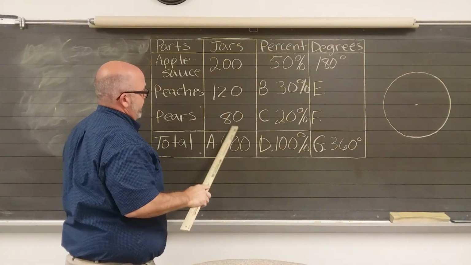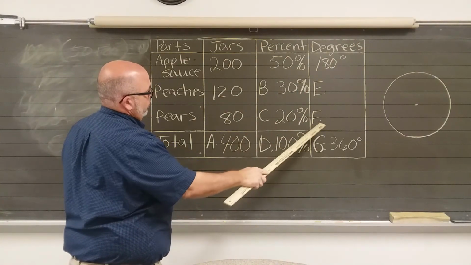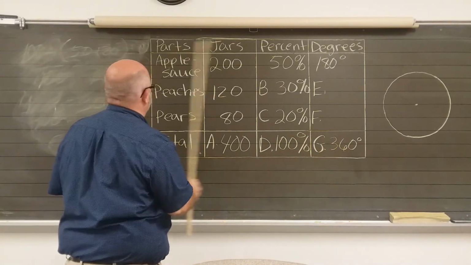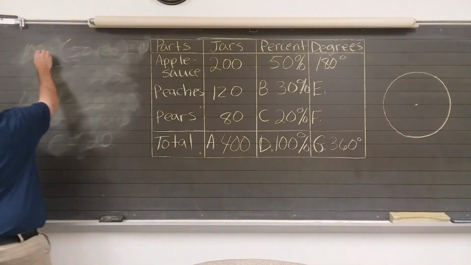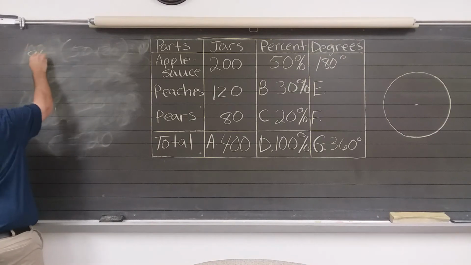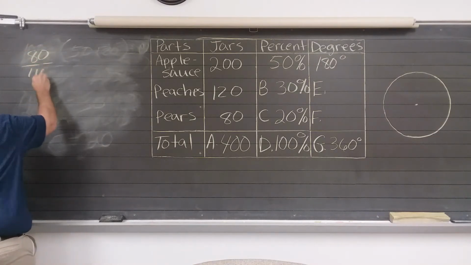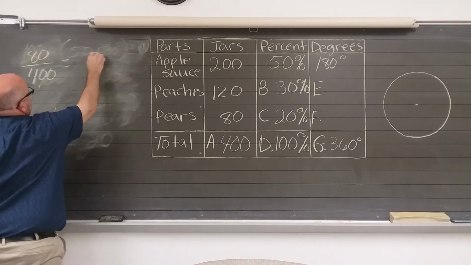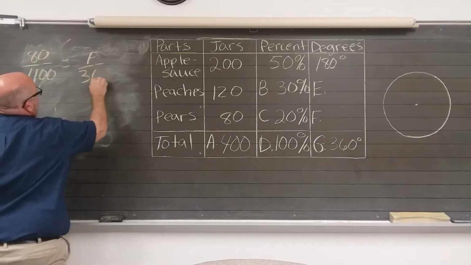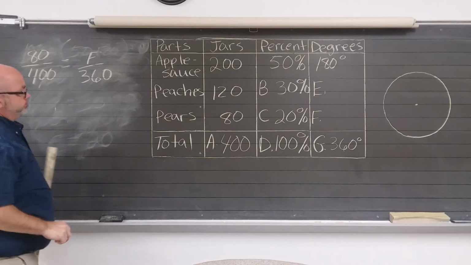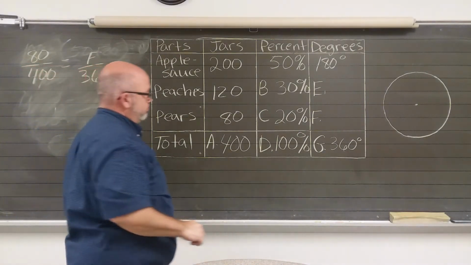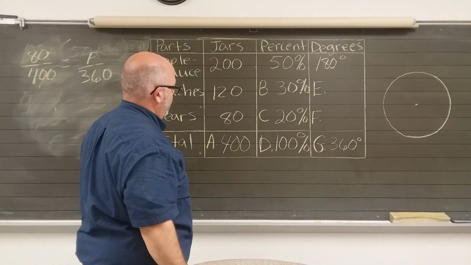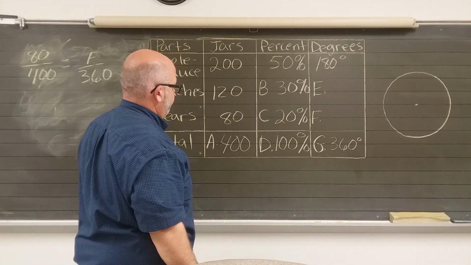Let's go back here. 80 over 400 equals F over 360. Right? 80 over 400 equals F over 360. Yes.